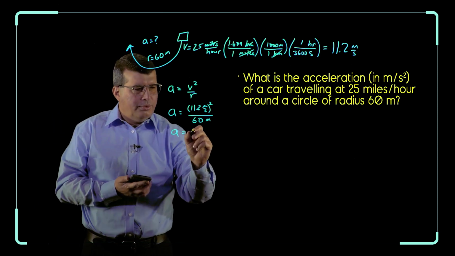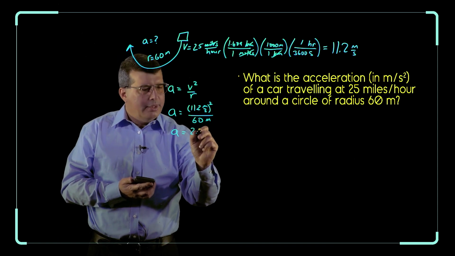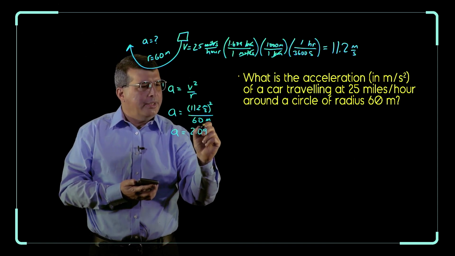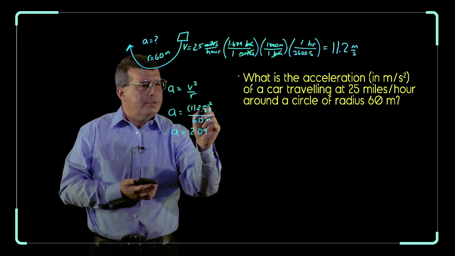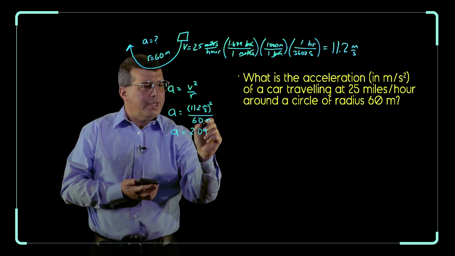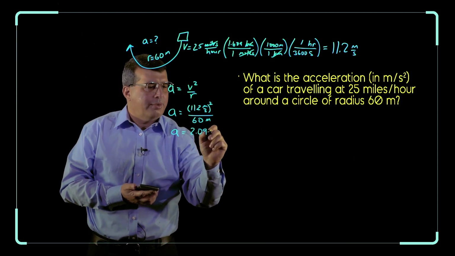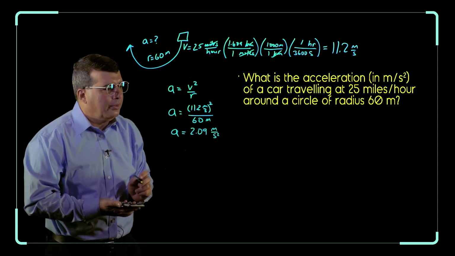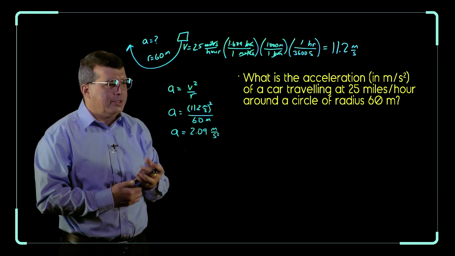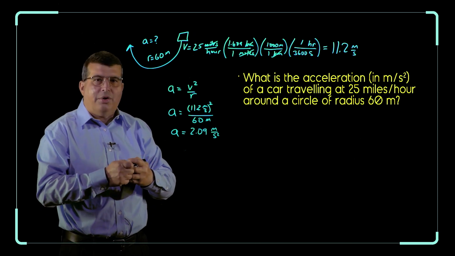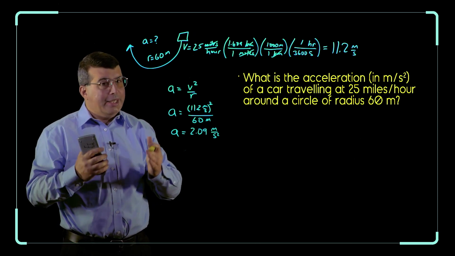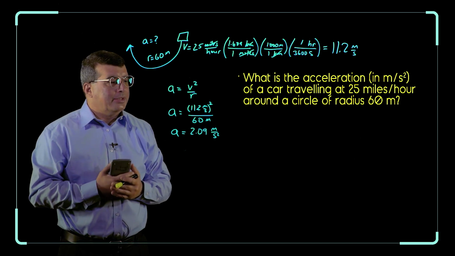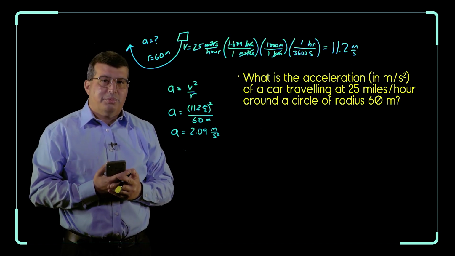That would be 2.09 meters squared per second squared per meter, or meters per second squared. Okay, and that is the answer to that question. So as that car goes around the curve, it is accelerating at 2.09 meters per second squared.